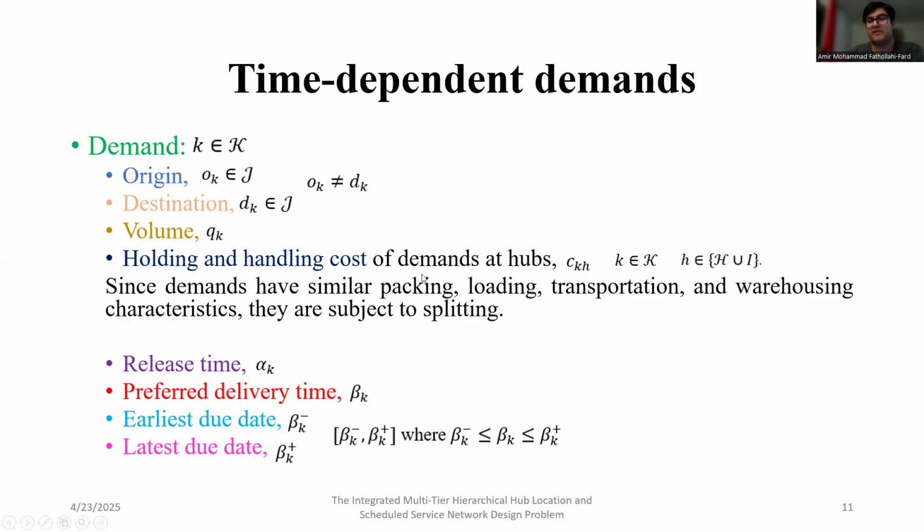So the parameter CKH defines the unit cost for the handling and holding of demands at hubs.